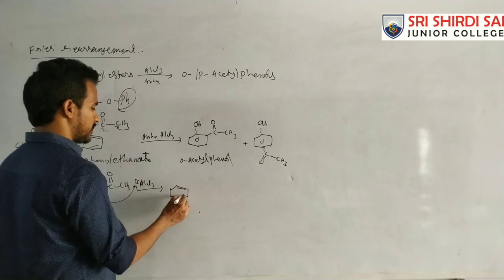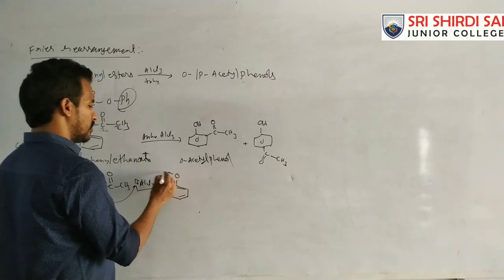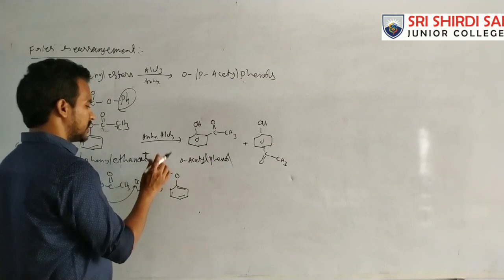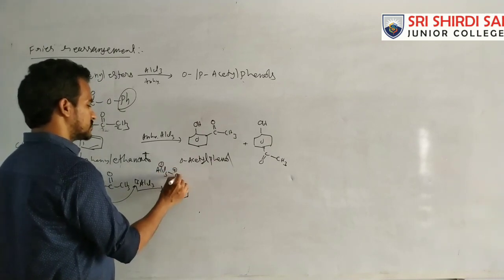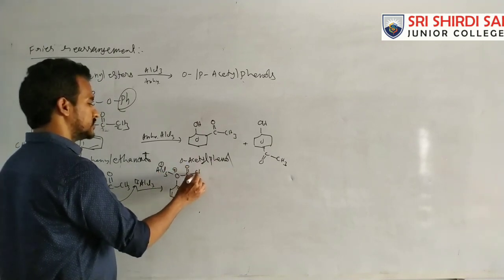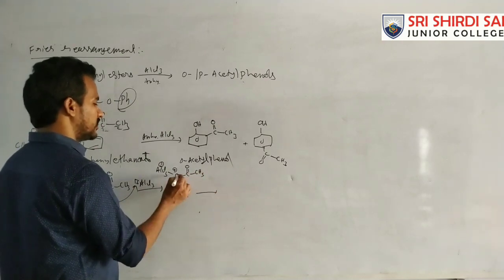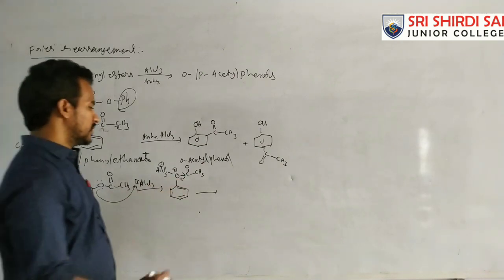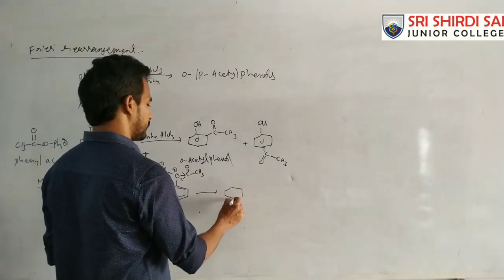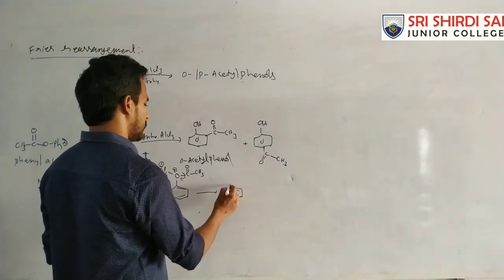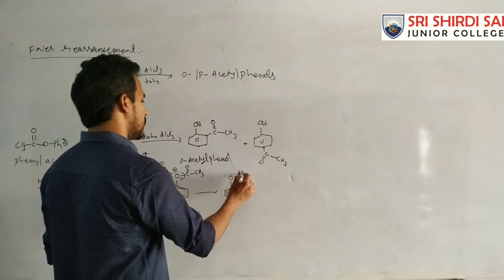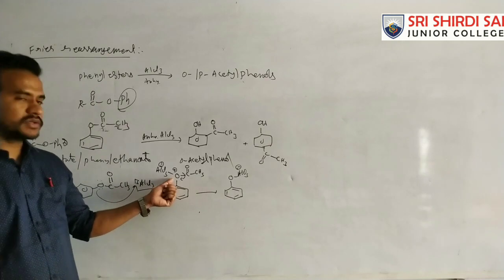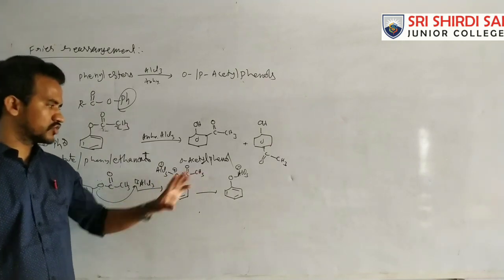That means here pi bond, here O-AlCl3, this one carries a negative charge and this one carries a positive charge. Now from this one, breaking of this bond, we will get the pi bond here, O-AlCl3 minus. This positive charged oxygen gains electrons, so that becomes neutral.